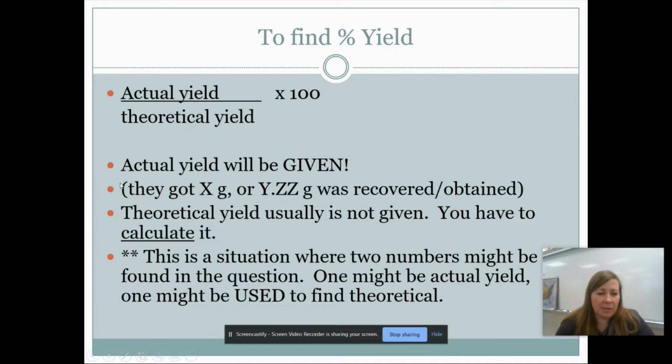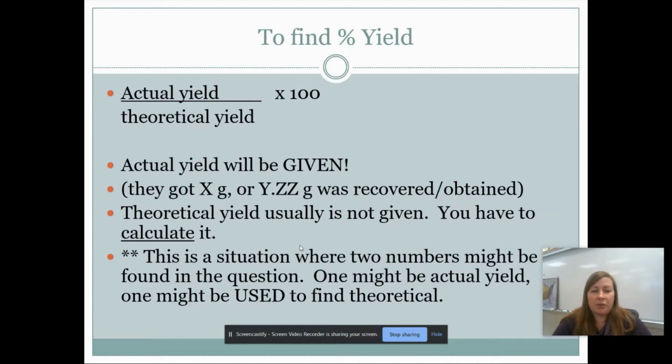They're going to say something like they got X grams, or this number of grams was recovered or obtained. Theoretical yield is often not given, and you have to calculate it. This is a situation where two numbers might be found in the question. One might be the actual yield, and one might be either the theoretical yield or used to find the theoretical yield.